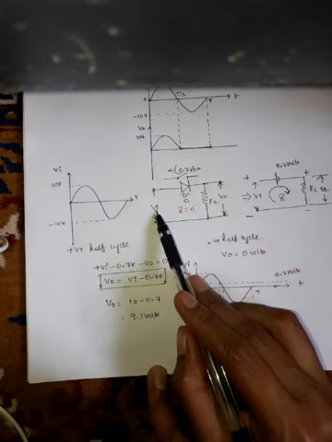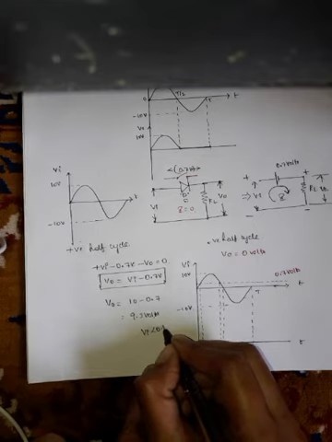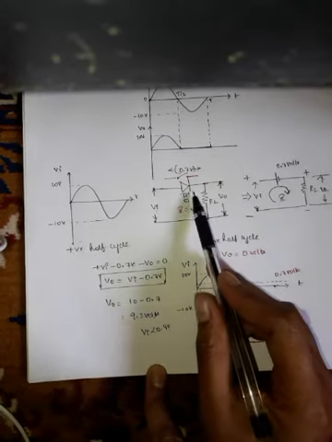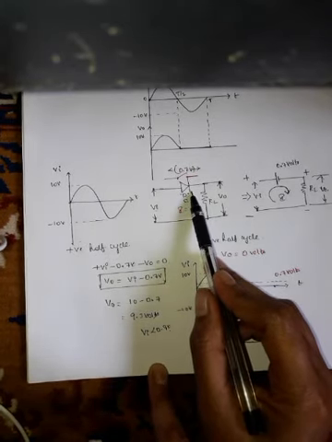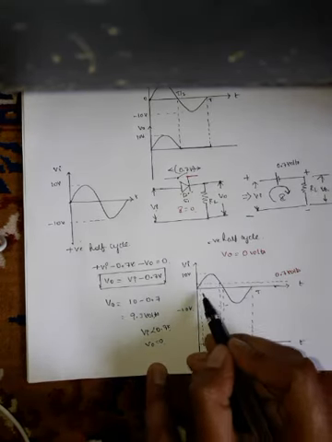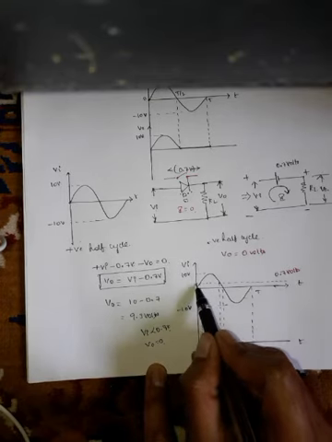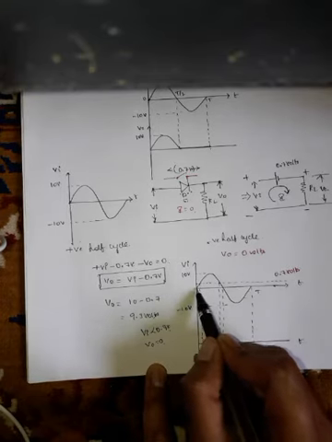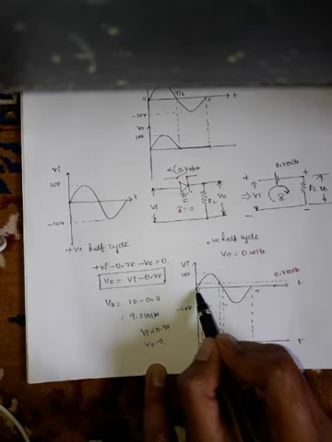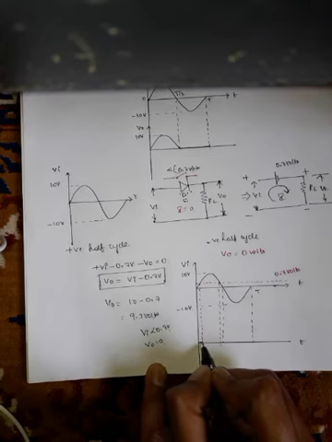That means when the input voltage Vi is less than 0.7 volts, the diode will be in the off condition. Therefore, V0 is equal to 0 volts. That means until this point of the input waveform, which is 0.7 volts, the diode will be in the off condition. Therefore, the output voltage will be equal to 0.